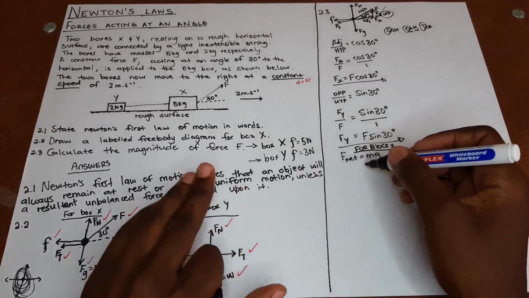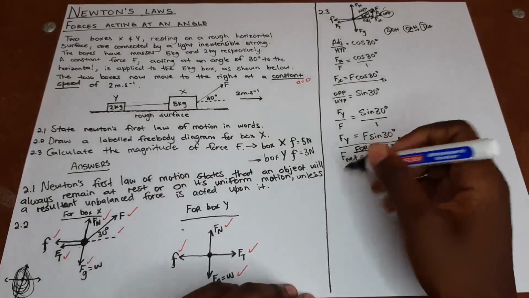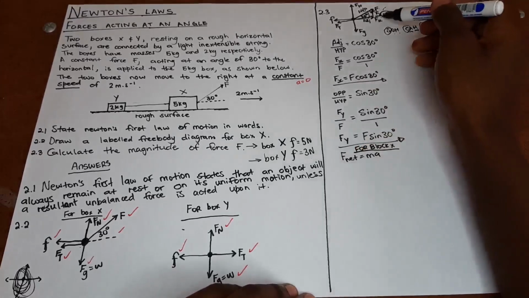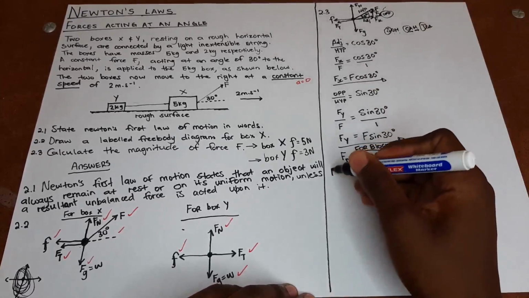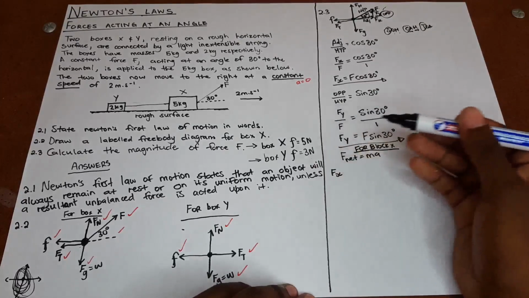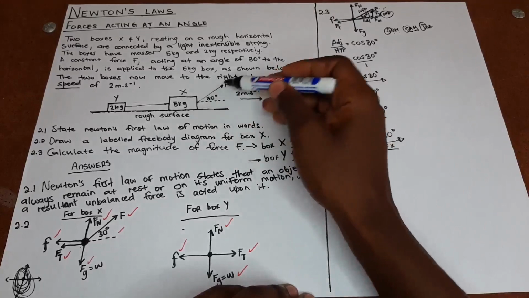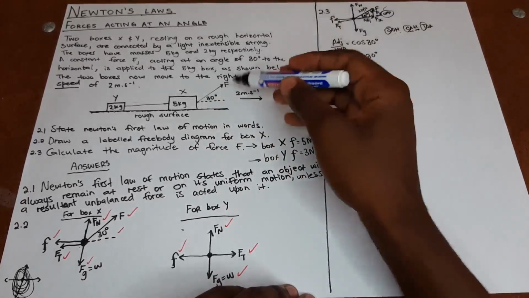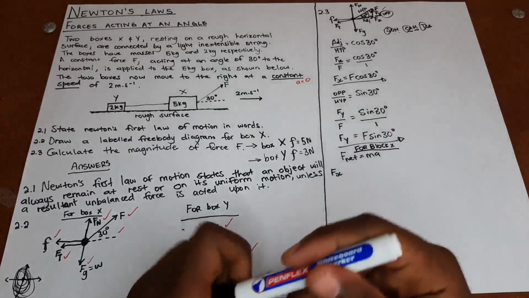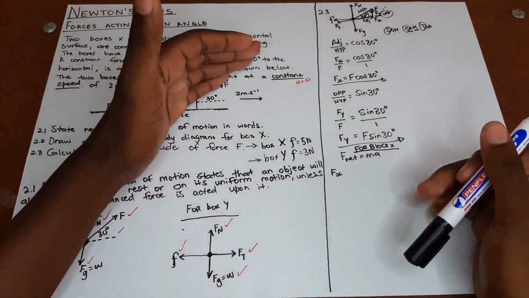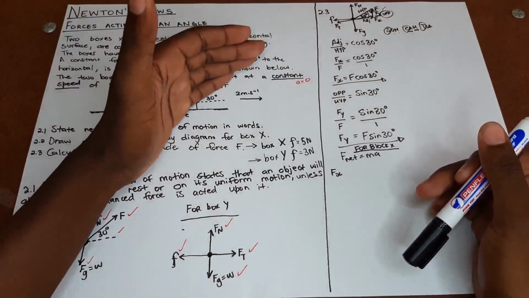What are the horizontal forces acting on block X? We have the Fx moving horizontally. Sorry for going back, guys.